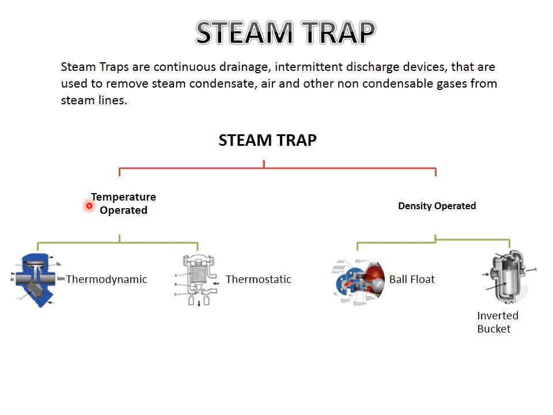In temperature-operated steam traps, the thermodynamic steam trap works on Bernoulli's principle, while the thermostatic steam trap works on the principle of thermal expansion. The expansion or contraction of the bellow opens or closes the port for discharge of steam condensate.